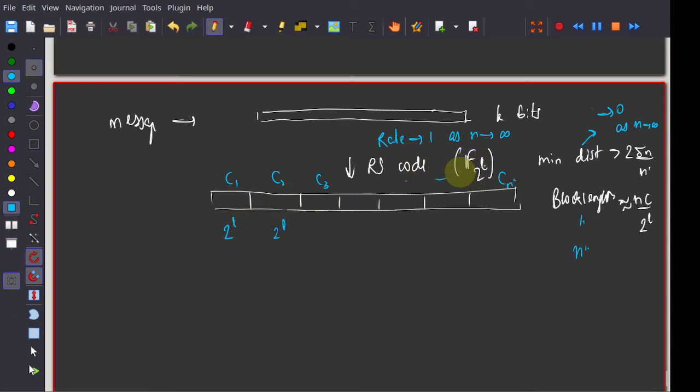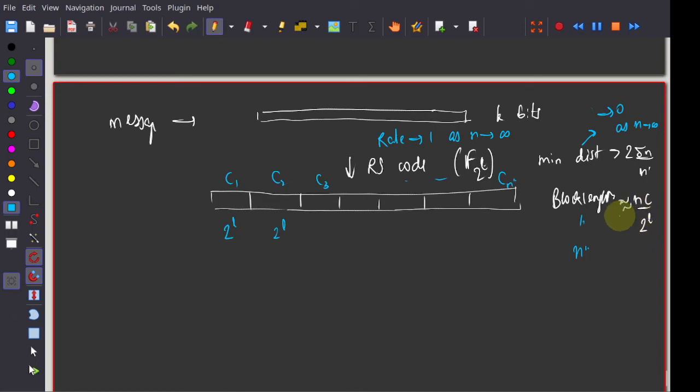Now I can view this as elements of the finite field, but I can also view them as bits, as L bits over the binary.